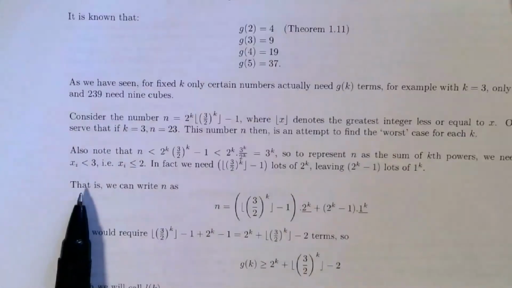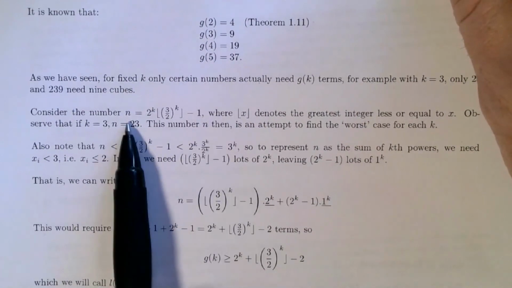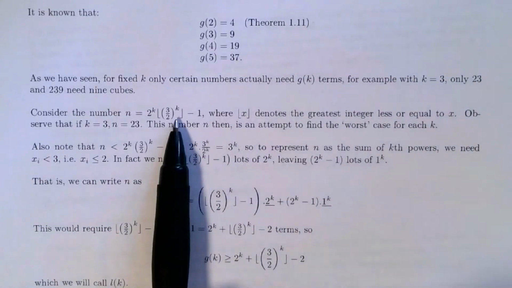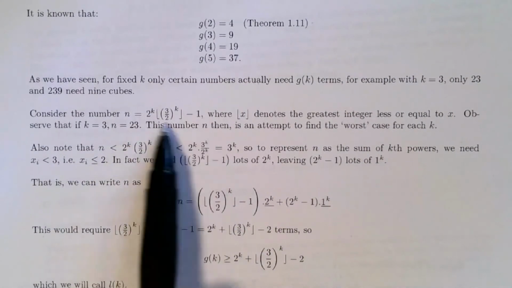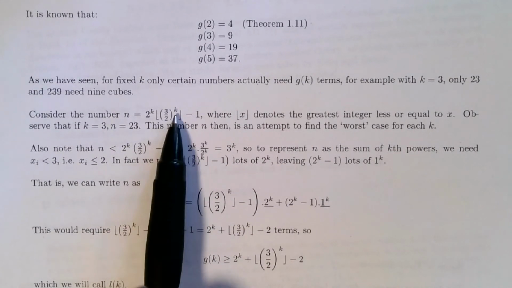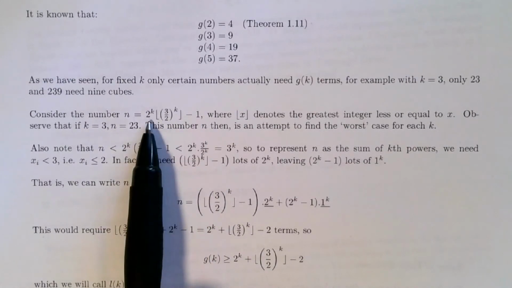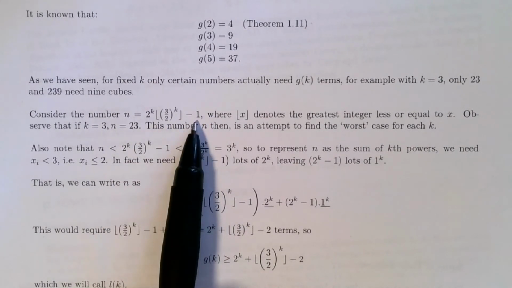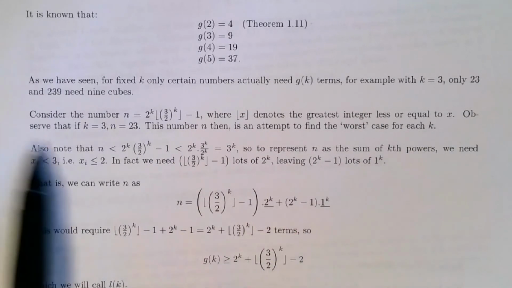Now, I'm going to, out of the air, just pull this funny looking number here, and you'll see where it comes from a little bit later, but I'm going to take n to be a number of this shape. I take 3 over 2, raise it to the power k, take the floor, multiply by 2 to the k, and subtract 1. Here, the floor of x denotes the greatest integer less than or equal to x.